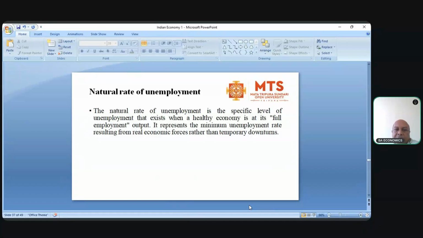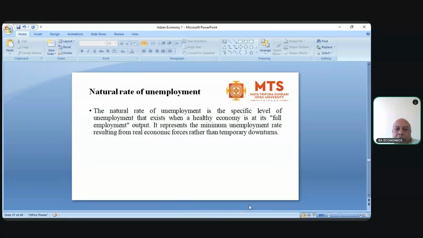If in any economy 3 to 4% unemployment exists, then we can say full employment is achieved in that economy. In any economy, we can assume that a 3 to 4% unemployment rate always exists, because of voluntary unemployment, so it is known as the natural rate of unemployment.